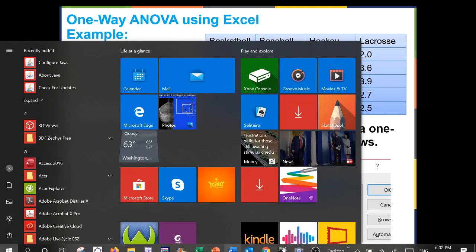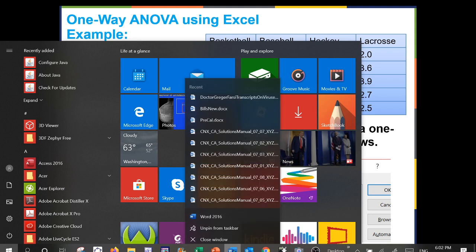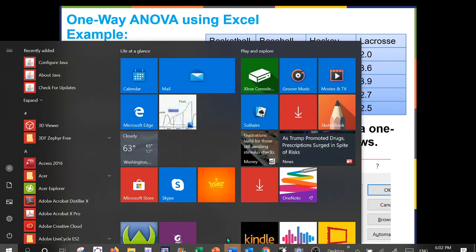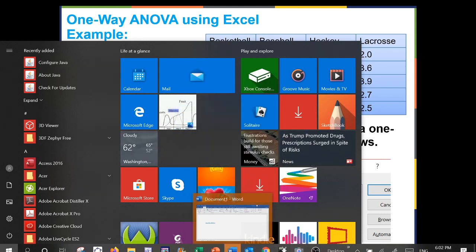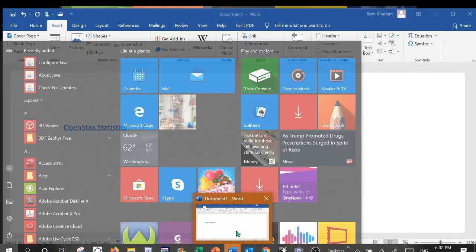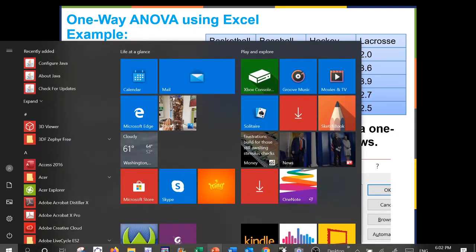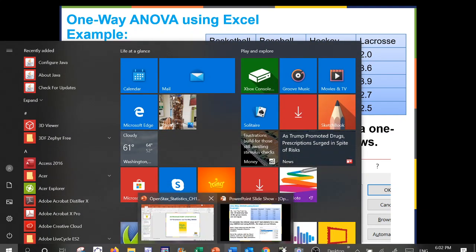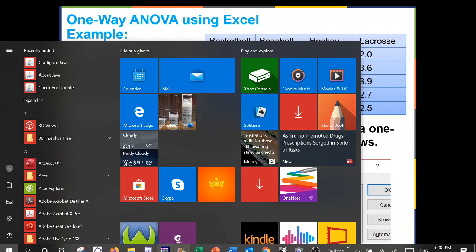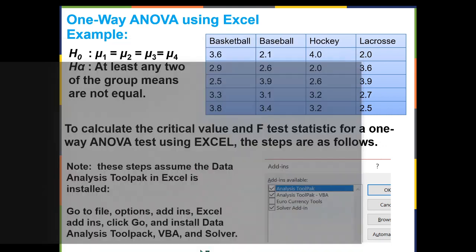So I can close this, and let me see if I can close these so I can have more space. Here we go. So here's my Excel.